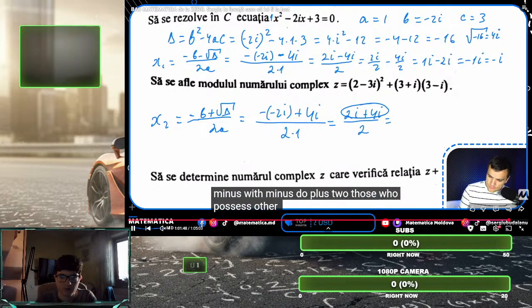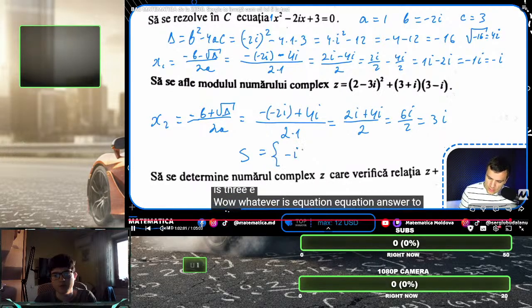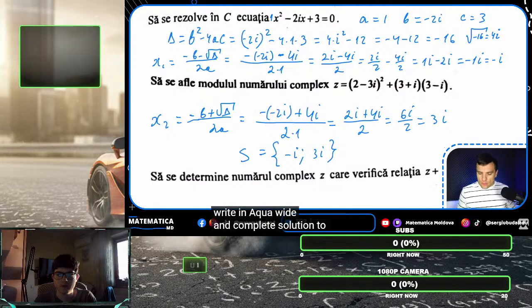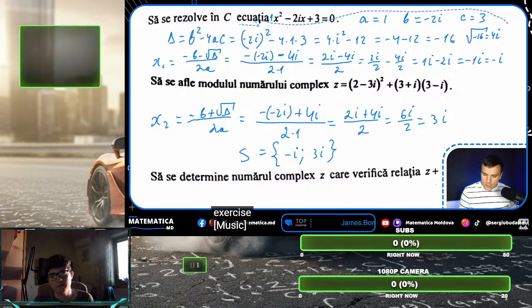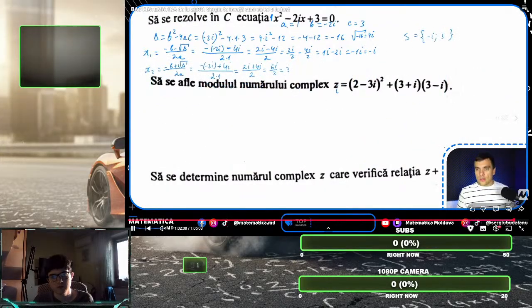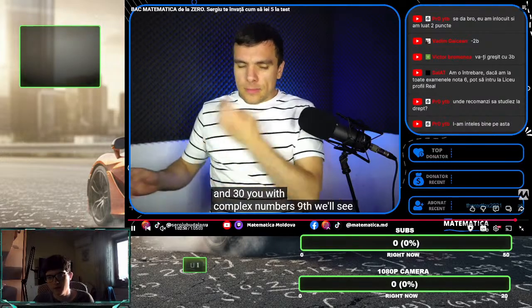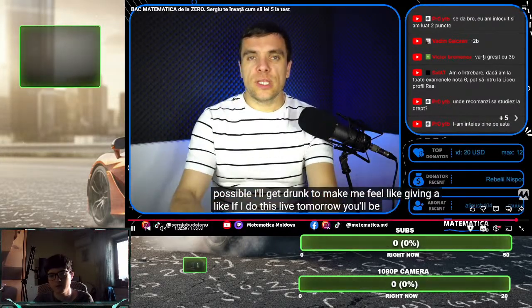You can see the longer explanation of how it's done. So now the solutions are minus i and 3i. Yeah, pop it like this, pop it like that. Shrink this down. Put it there. I didn't do that, put it there. But, whatever.